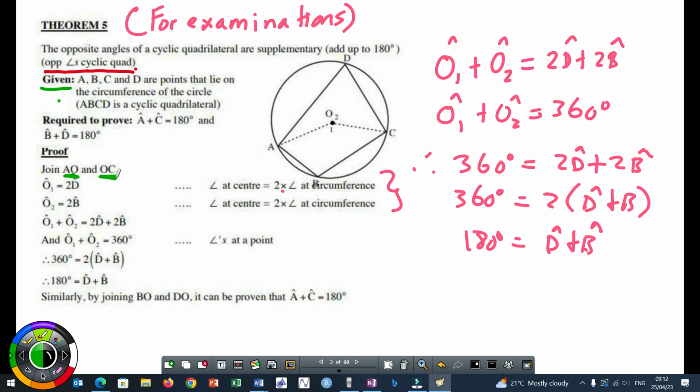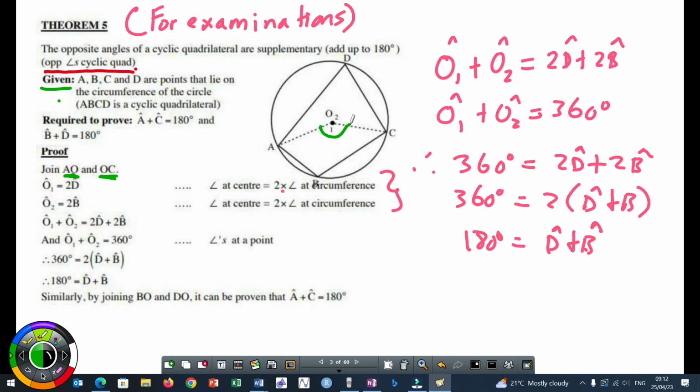At the center, you have to mark that obtuse angle as O1 and the reflex as O2. Here, we are only going to prove, based on the diagram, that angle D plus angle B is equal to 180 degrees.